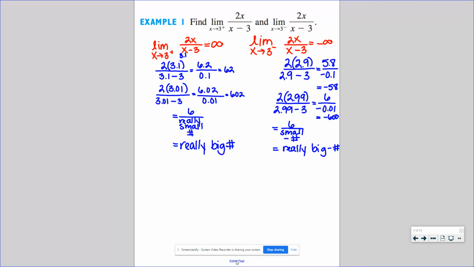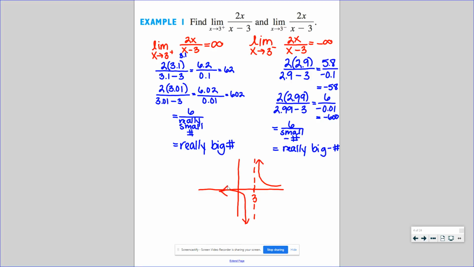So if you want to draw a picture to help you, and this is by no means an accurate drawing, just the general shape, that means we have an asymptote here at 3. And the closer I get to 3 from the right side, the bigger the numbers get. So it'd kind of do one of those. And as I approach 3 from the left, I have a graph that's going down.